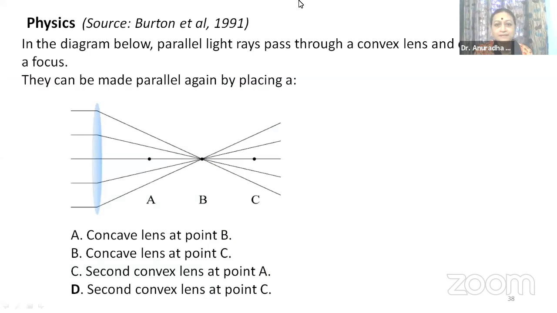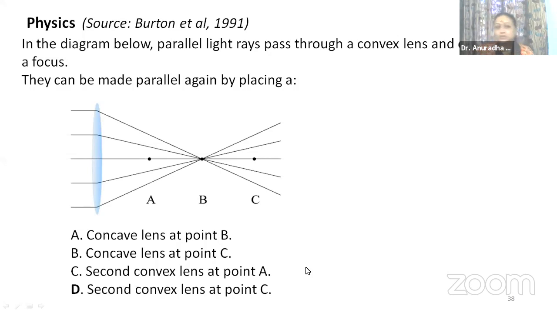Here's an example in a subject like physics where we've used a diagram. In the diagram below, parallel light rays pass through a convex lens and converge to a focus. They can be made parallel again by placing a concave lens at point B, concave lens at point C, second convex lens at point A, and second convex lens at point C. See, now here, rather than asking a direct question, a diagram is given.